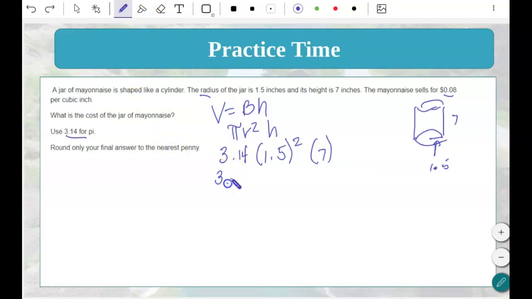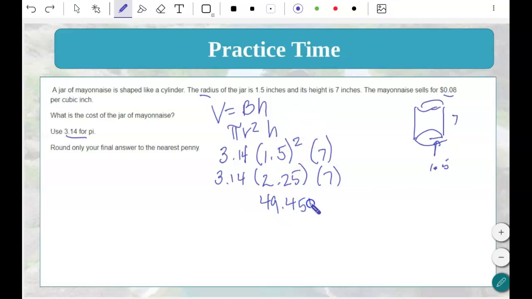So now we have 3.14 times 2.25 and then times 7. Now you should already have the 2.25 in your calculator, so you can just take that answer, multiply it by 3.14 and then multiply that by 7. And it comes out to 49.455. That is our volume.